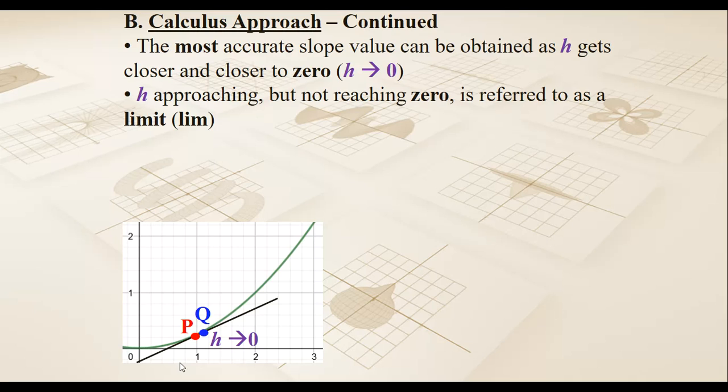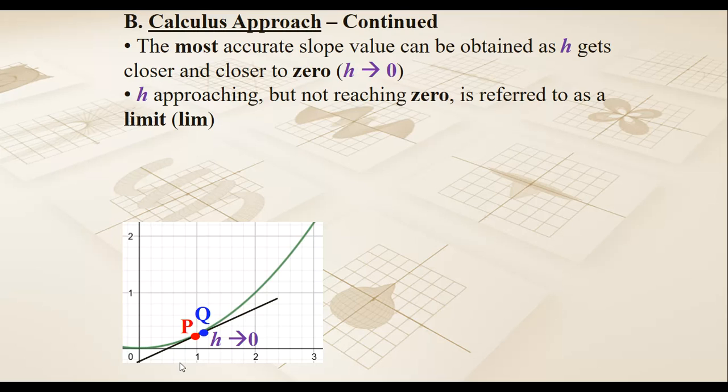Now, in mathematics, one of the first things you do in a calculus course is spend a great deal of time talking about limits. What we want is for h to get close to 0, but not equal to 0. Because if h is exactly equal to 0, then point Q would be on top of point P and you could not draw a tangent line.